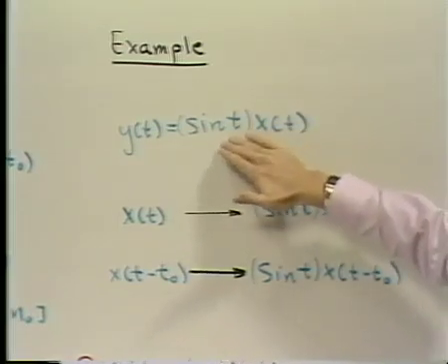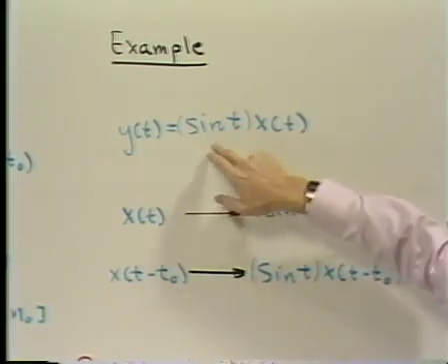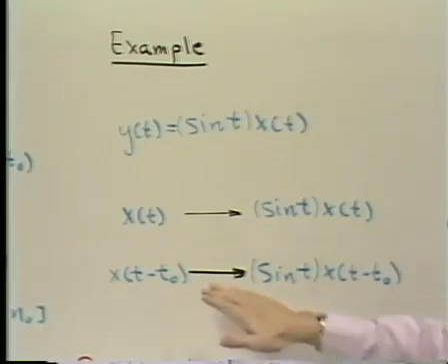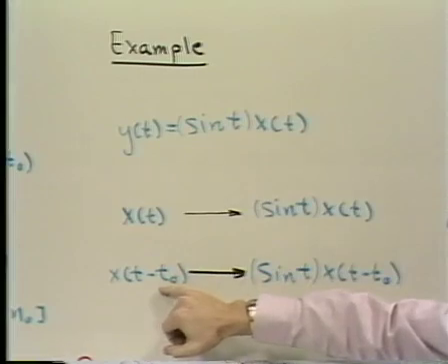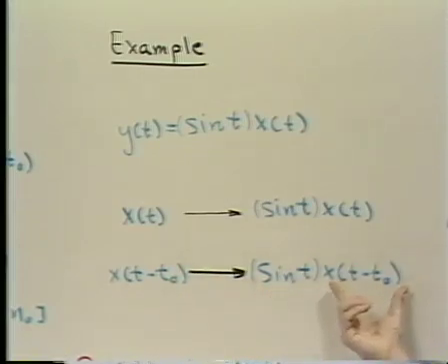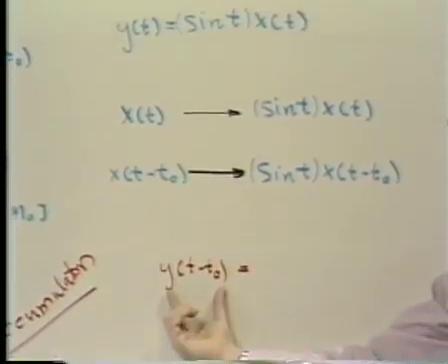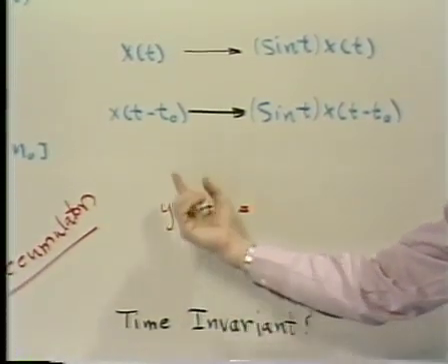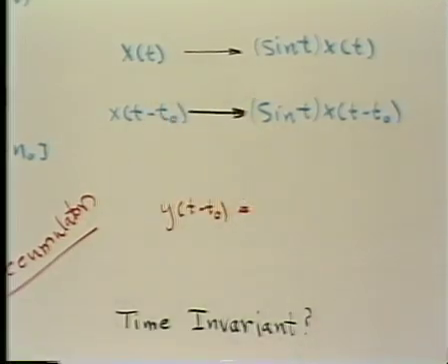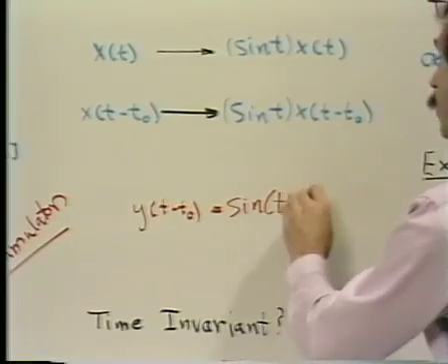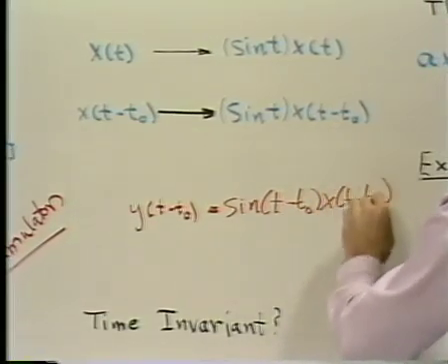And although you might think at first that this system is time invariant, in fact, it is not, because the input shifted generates an output which is the input shifted times the same modulation function, whereas if we were to take the output of the system with x of t as the input, then what that would correspond to is sine t minus t0 times x of t minus t0.